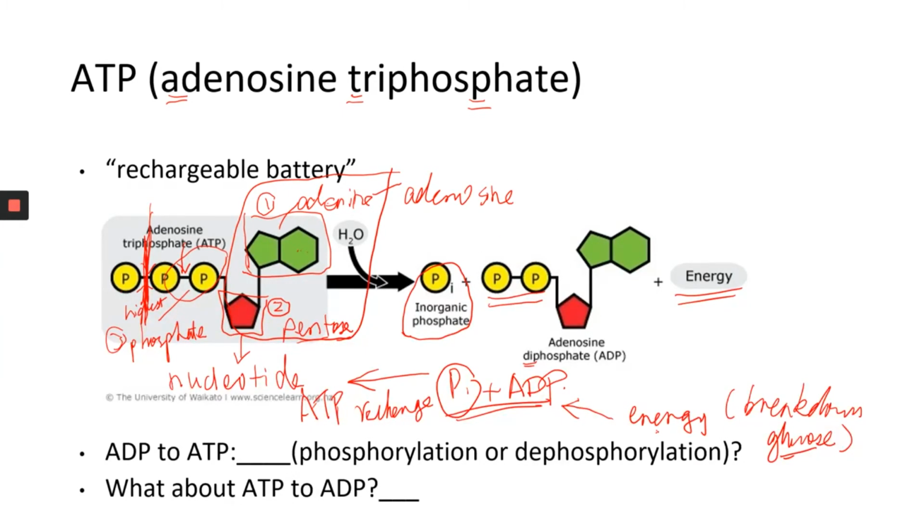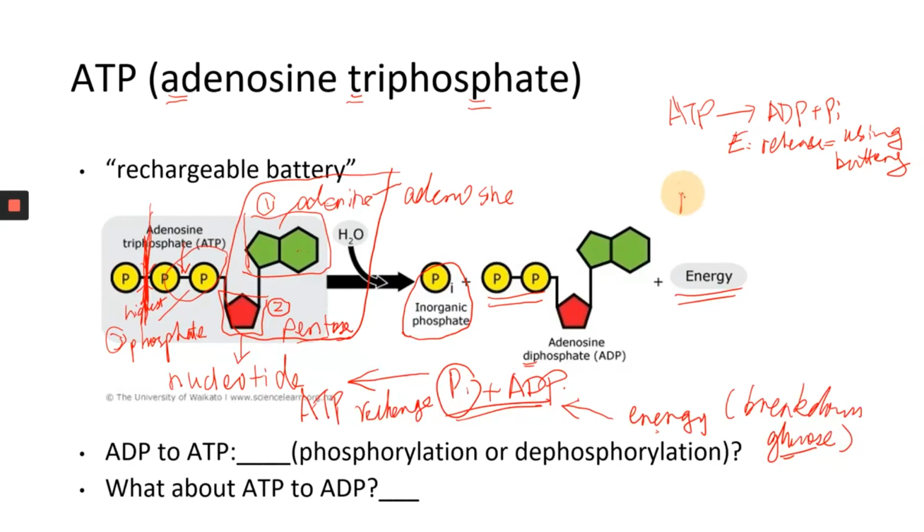So from ATP to ADP, this is very important, so that's why I'm spending so much time here. From ATP to ADP, energy is released. I'm just going to write a big E for energy released. That's equivalent to when you're using your battery to power something, like your phone or your computer.